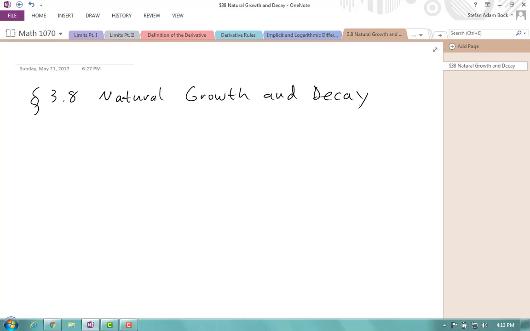they satisfy a certain differential equation, and that is that the rate of change of your problem is proportional to the size of the function value.